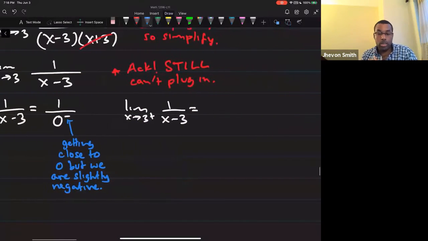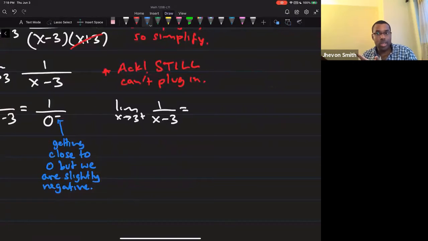Now, conversely, if you're on the right side of 3, so you're plugging in 3.1, 3.001, 3.0001, one thing that's going to be true is that your x is always going to be slightly bigger than 3. So this is going to be 0 with a little positive charge.